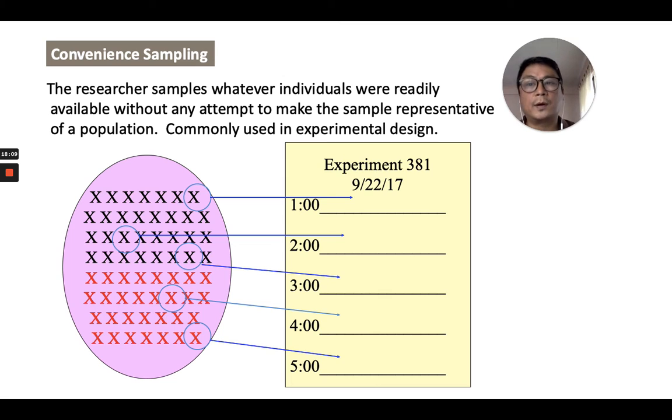The last example of non-probability sampling that we will talk about is convenience sampling. Okay, so this is when the researcher samples whatever individuals are readily available, without any attempt to make the sample representative of a population. Like some of you, for example, might have experienced walking in a mall, and then somebody comes up to you and asks you, "Would you like to participate in our survey?" and hands you a form.